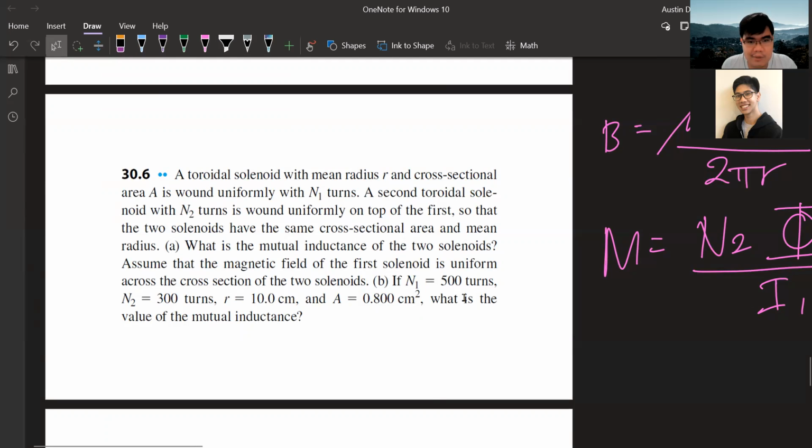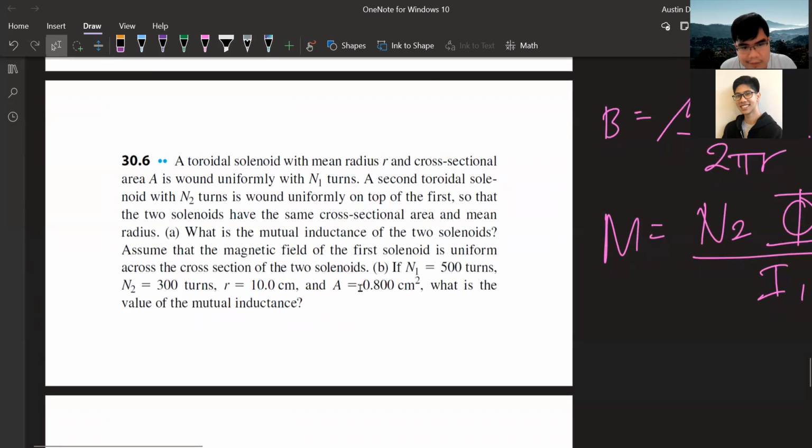And then if we are to plug in these values, N1 is 500 turns, N2 300 turns, R is 10 centimeters or 0.1 meters. Tapos an area of 0.8 square centimeter.